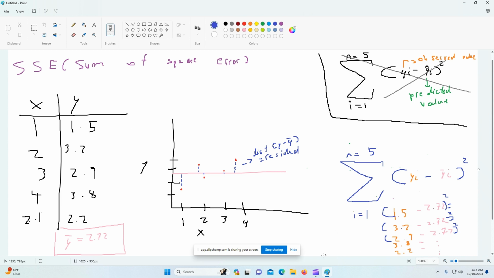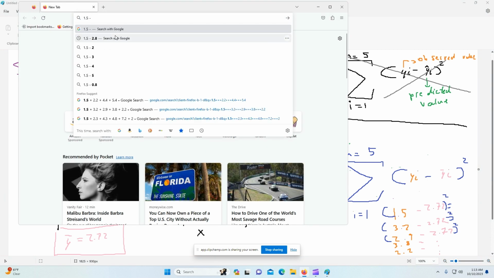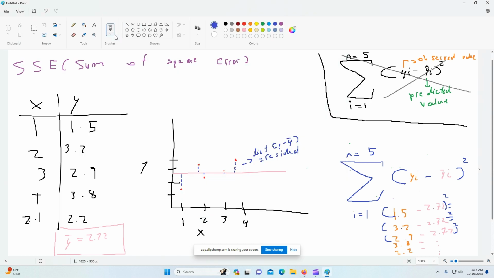So we take all these values. 1.5 minus 2.72, so negative 1.22.